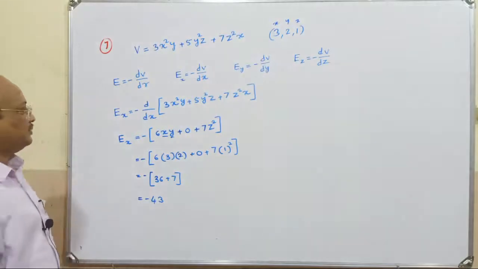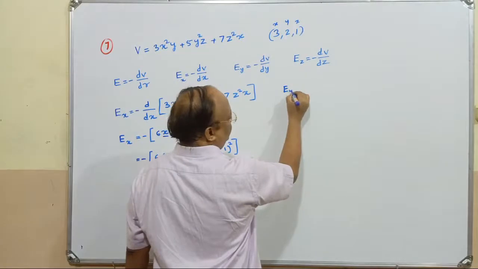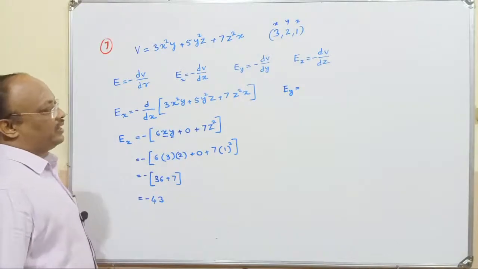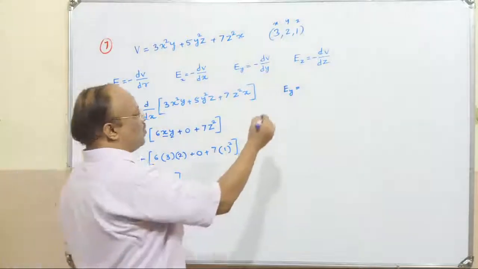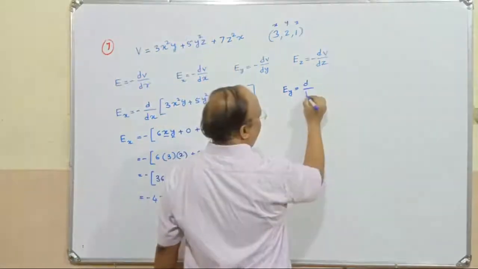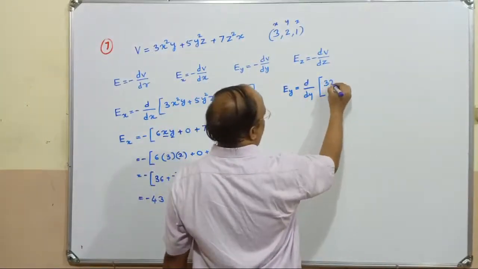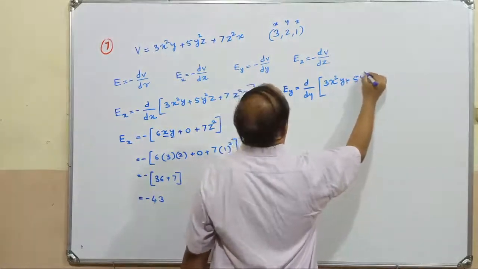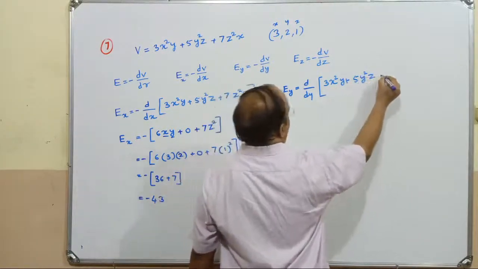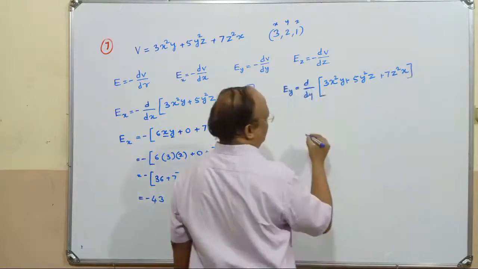Similarly, if you find the value of Ey, differentiating with respect to y, d by dy of 3x square y plus 5y square z plus 7z square x.